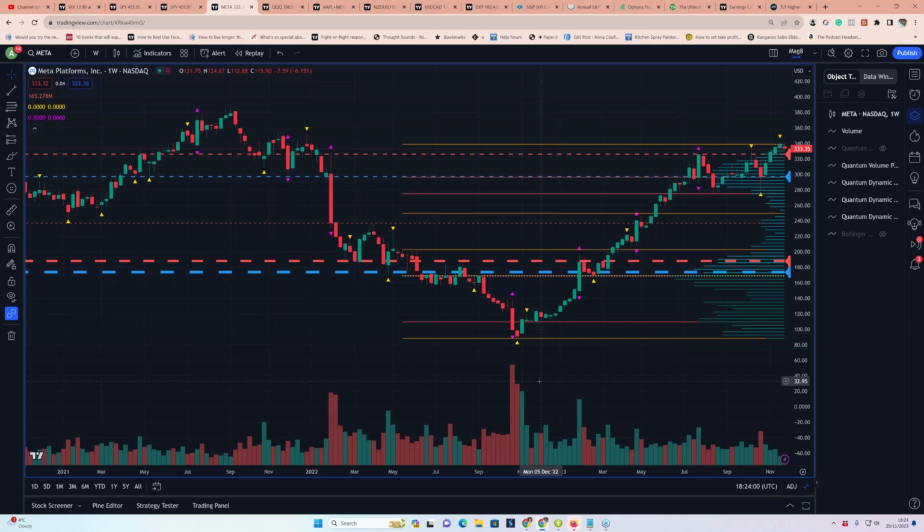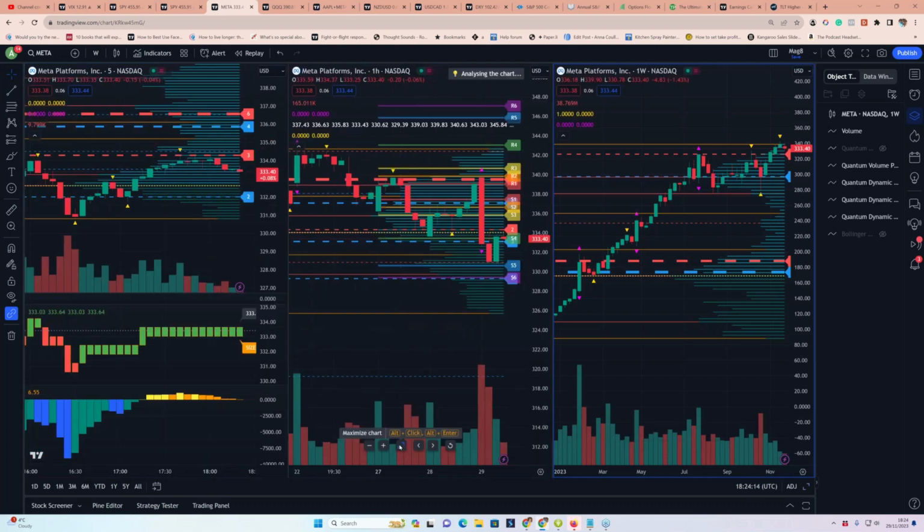It also coincided, the reversal in fortunes for Meta, with a statement from Mark Zuckerberg that the company was going to embark on what they call a year of efficiency, David. Year of efficiency, which is basically he was going to cut all the fat from the company, make it leaner, and therefore make it more profitable. And if you have time to go and have a look at the fundamentals for the stock, you will be truly astonished.